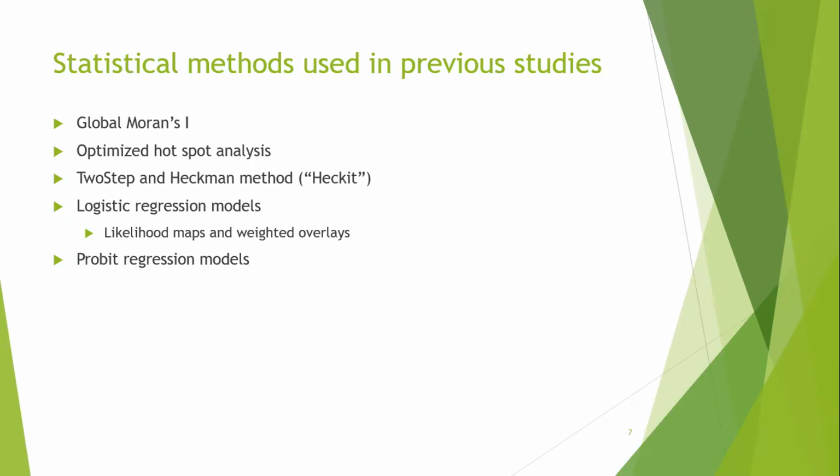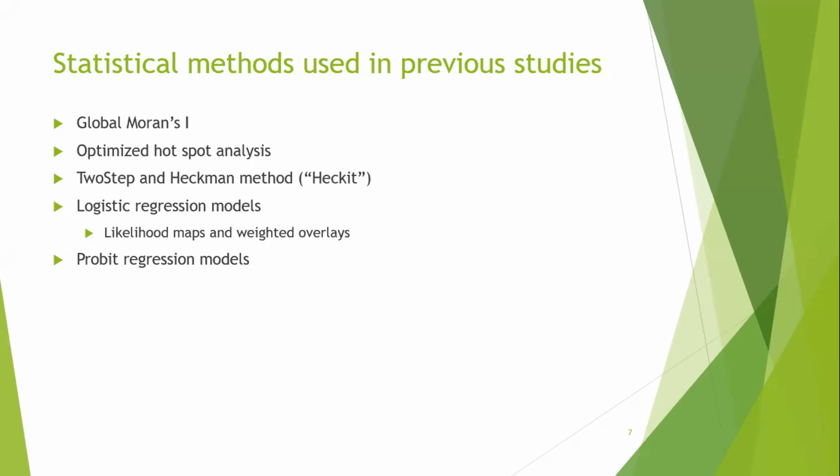But interestingly enough, they found that proximity to water was not statistically significant. So this just demonstrates that there's not necessarily agreement on which characteristics are important and impactful in assisting the prediction of where common teasel will be found.